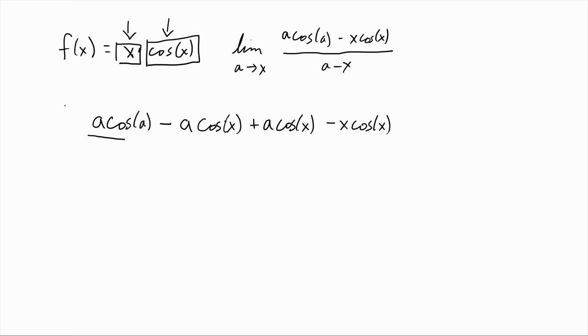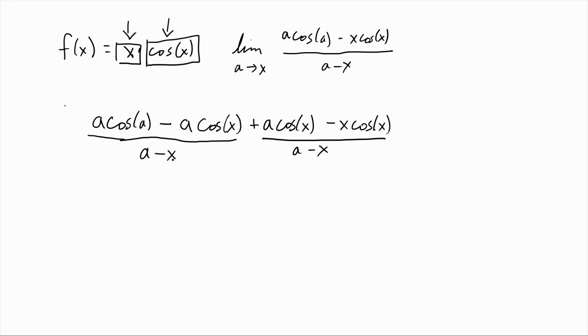Why? Because the middle part is just 0. But then let's split up the fraction. The denominator is a minus x over everything, but we can split the fractions, so we get that over a minus x plus that over a minus x. Now we're going to concentrate on the limit of this part and this part separately.